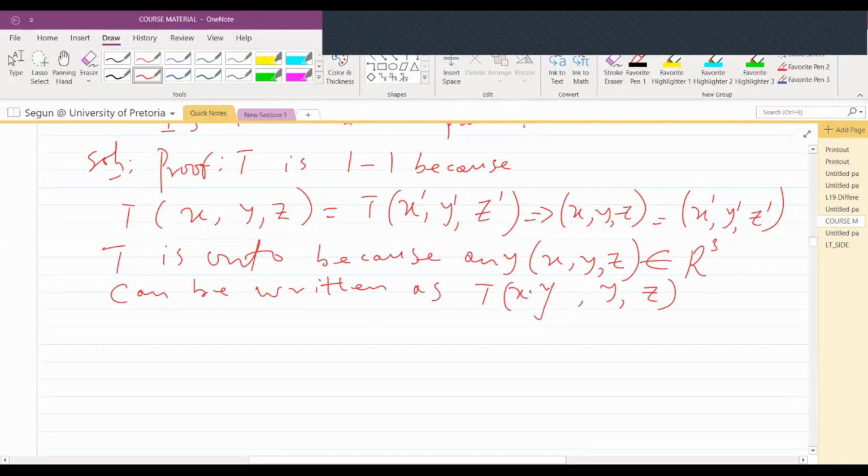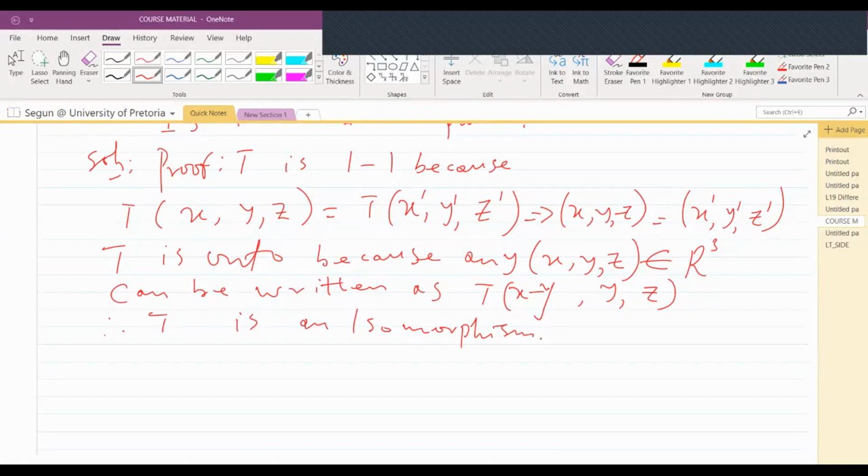So from there, we can now say, therefore, T is an isomorphism. Please read the definition of isomorphism from day one.